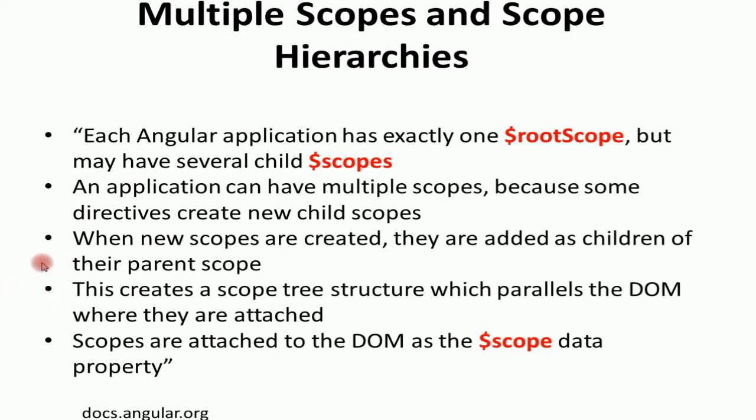This creates a scope tree structure which parallels the DOM where they are attached. And the last one here, which I find very helpful for understanding the scope hierarchy and the existence of the scope object entity itself: scopes are attached to the DOM as the scope data property.